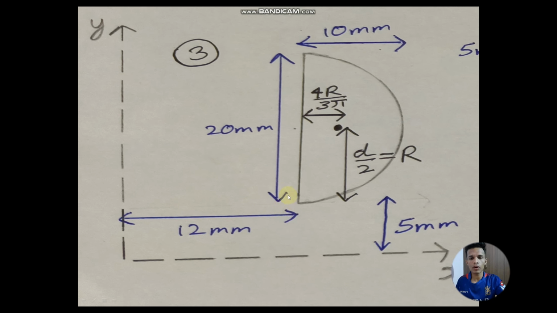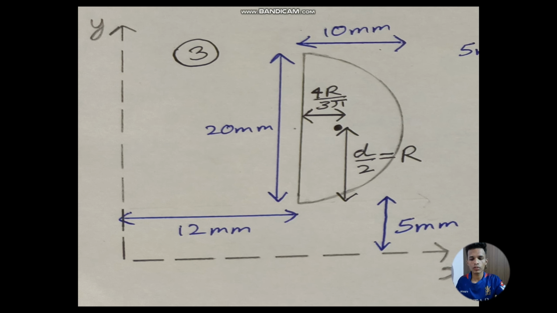As given by the formula, to find the centroidal distance from the y-axis, we need to calculate 4r by 3 pi plus 12 millimeter. And from the x-axis, the distance to the centroid is d by 2, which is nothing but r.